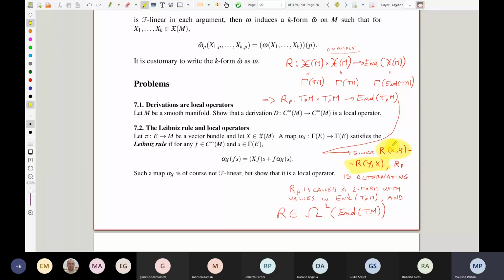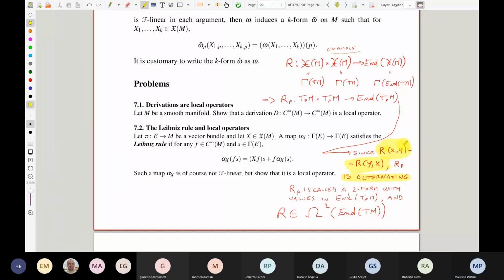But remember, the value of a two-form on two vectors is usually a number. So normally, a two-form means something with values in R. Well, this is something alternating, but the value of this is not a number.